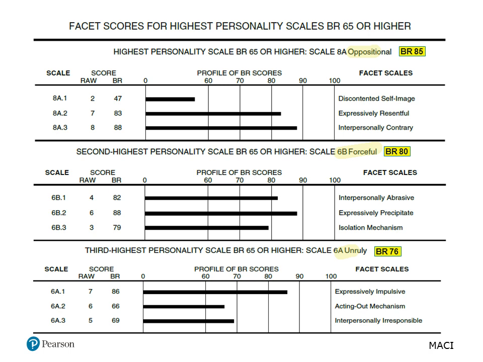When I look at the Facet scales that are elevated for each of these elevated personality pattern scales, what I notice is that the clinical features tend to cluster along two different parts of maybe the functional domains, right?